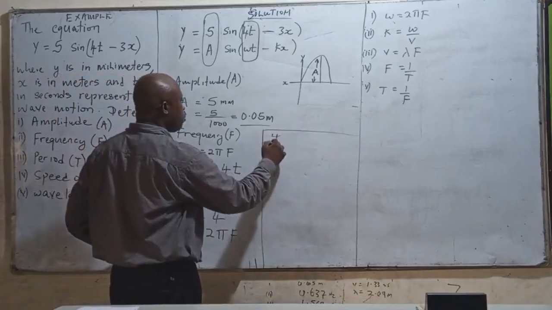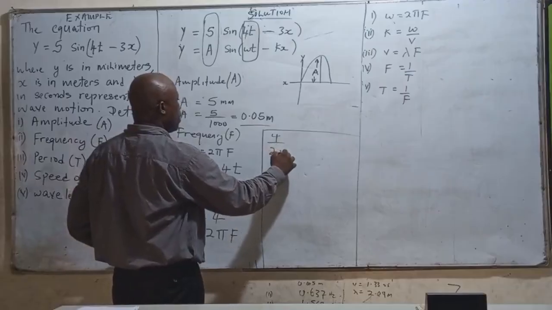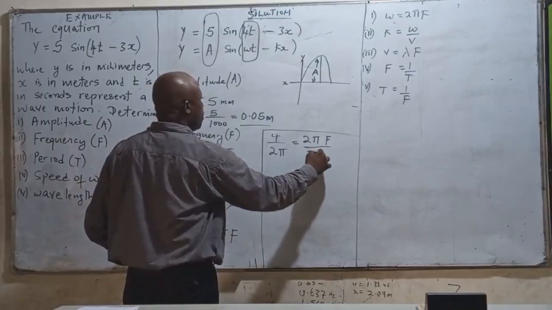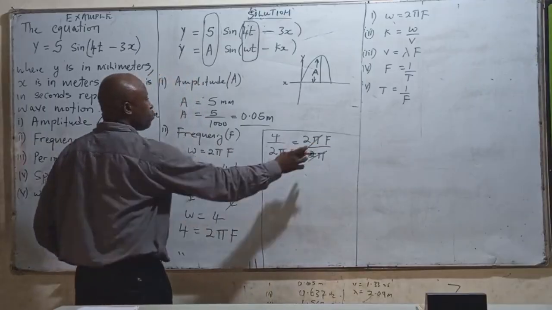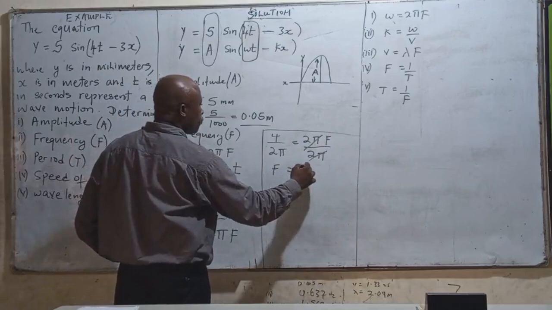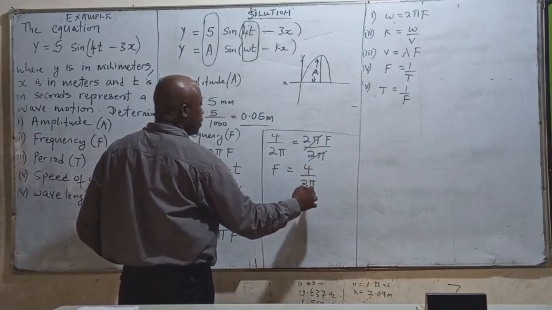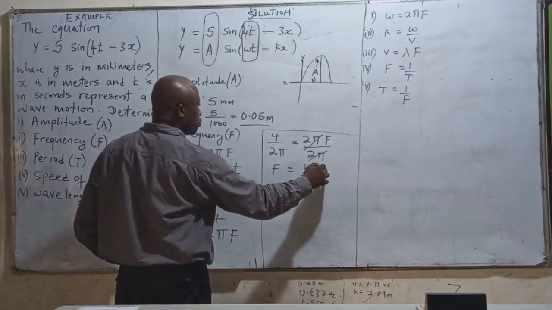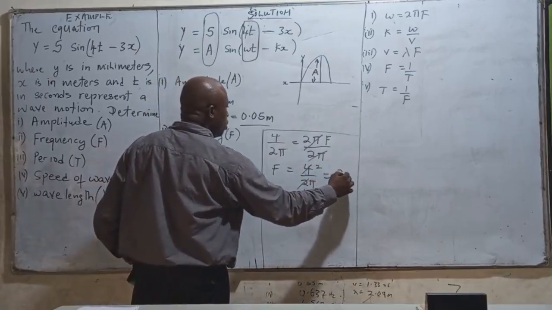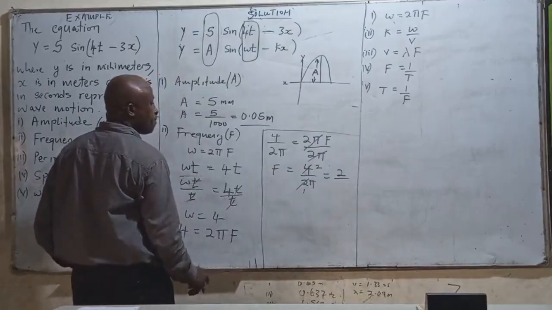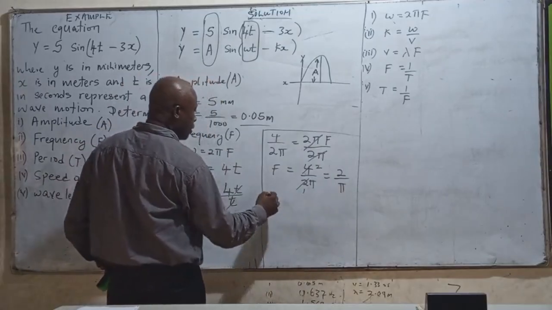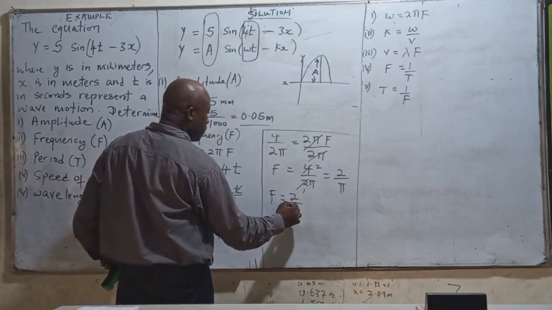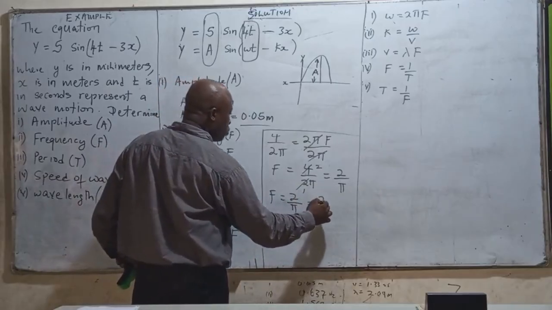So I have 4 over 2 pi is equal to 2 pi f over 2 pi. The 2 pi cancels, and we are left with f equals 4 over 2 pi. Again, 2 into 4 is 2, so that gives us 2 over pi.